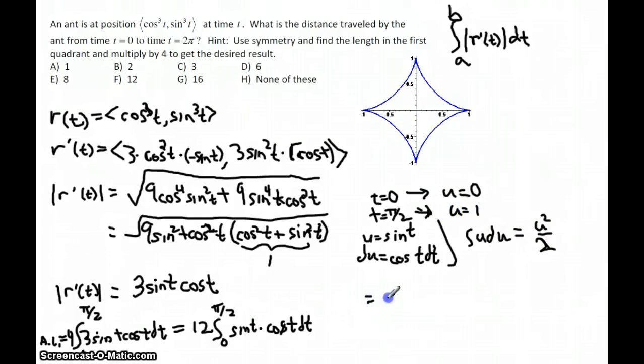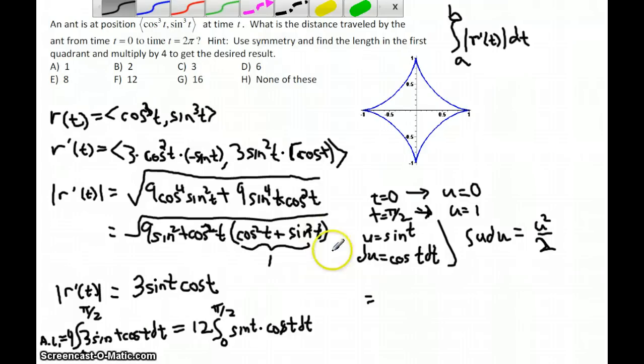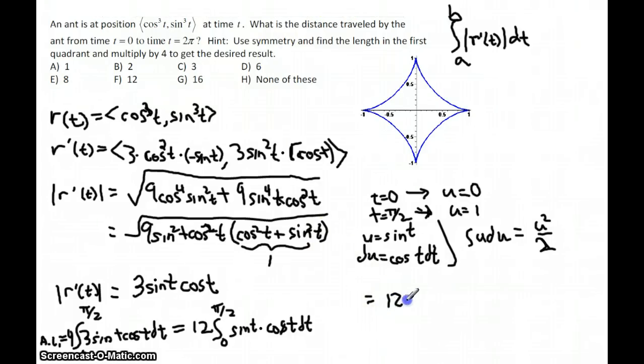So we're going to end up with u squared over 2, or half of u squared. So we have the 12 on the outside, and then 1/2 of u squared from 0 to 1. And so the answer is 6. We've already accounted for the symmetry. That would be letter D, arc length.